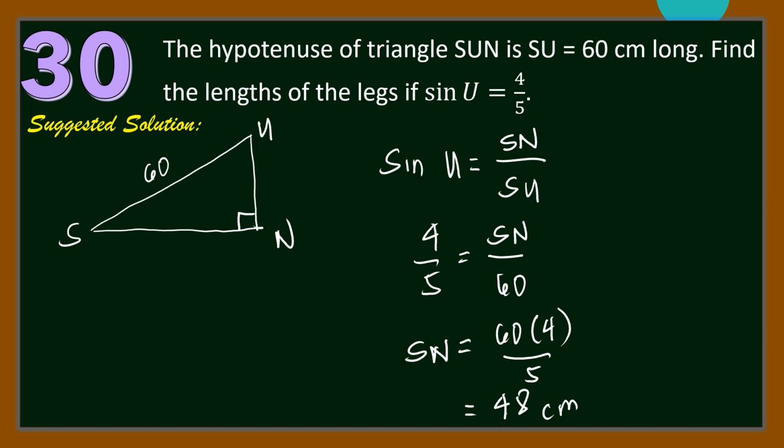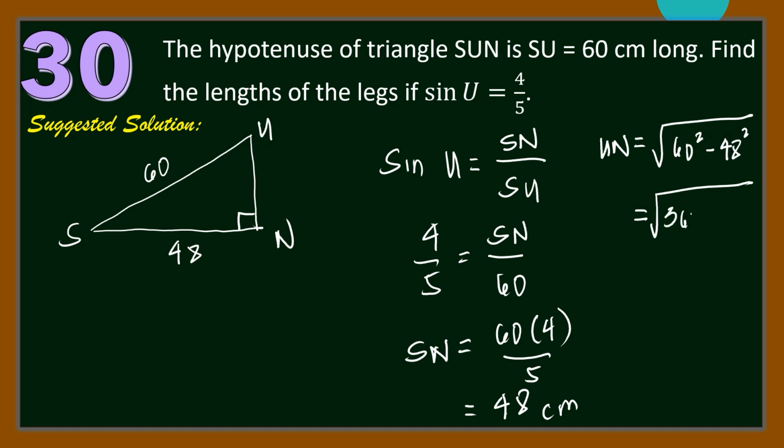Since SN is equal to 48, then solving for UN, we can use the Pythagorean theorem. UN is equal to the square root of 60 squared minus 48 squared. 60 squared is equal to 3,600.